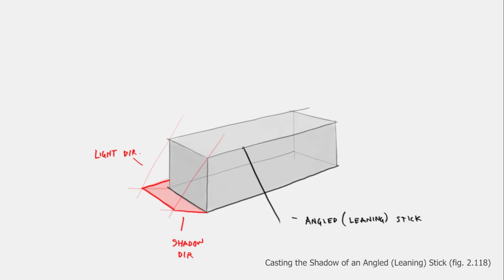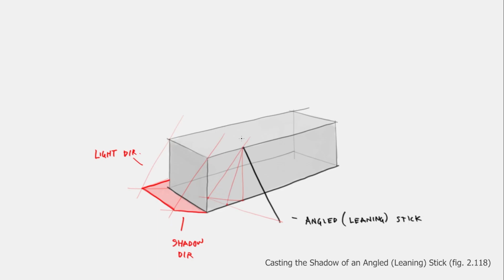So for this angled stick, I realized that I should have drawn another construction line to the base of that stick so that I know where on the ground that stick actually intersects. From here, it's just a matter of, again, making that simple triangle shape with the light direction and the shadow direction line.